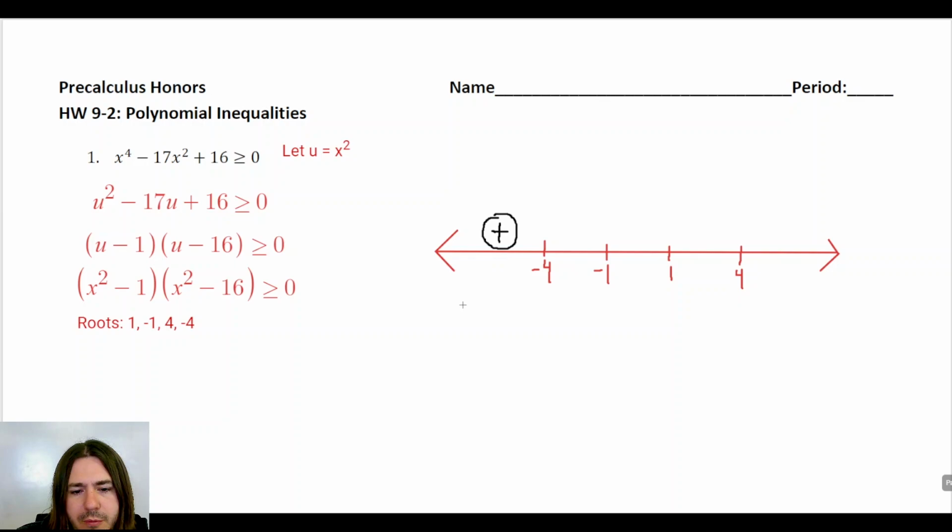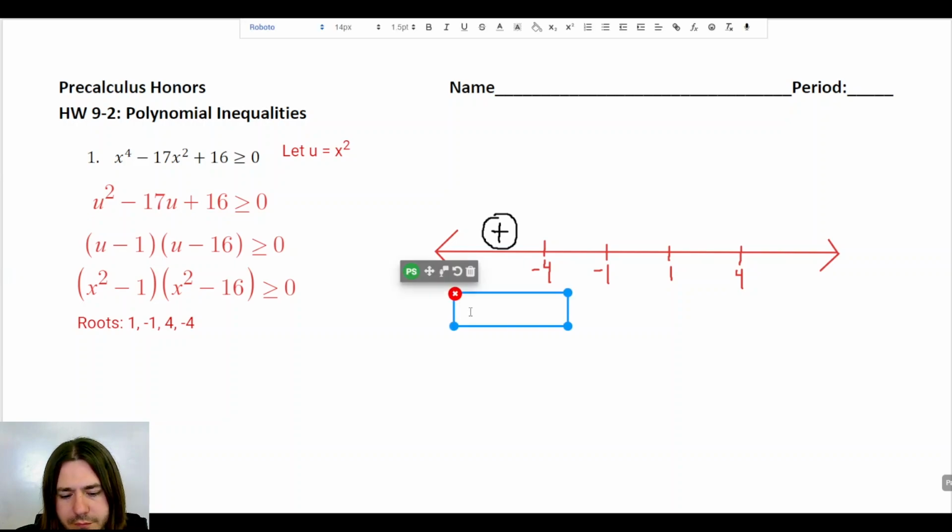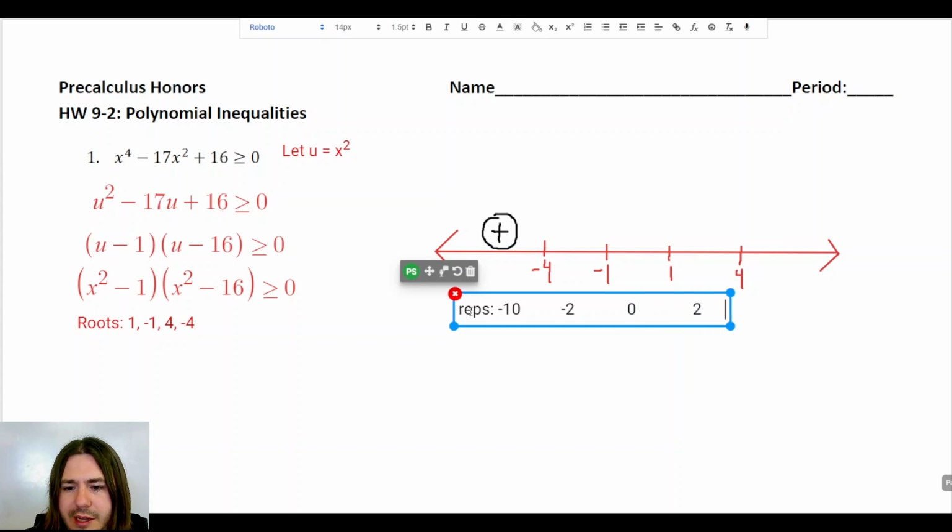So here are my representatives. I'm going to pick negative 10, which is the one I just did. For this interval, I'm going to pick negative 2. For this interval, I'm going to pick 0, and then 2, and then 10.